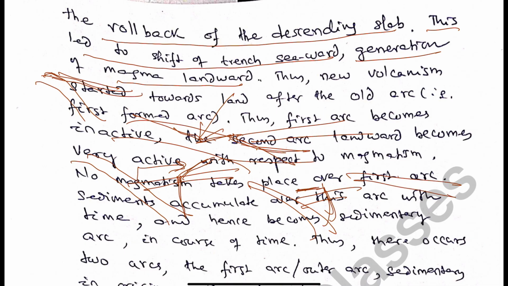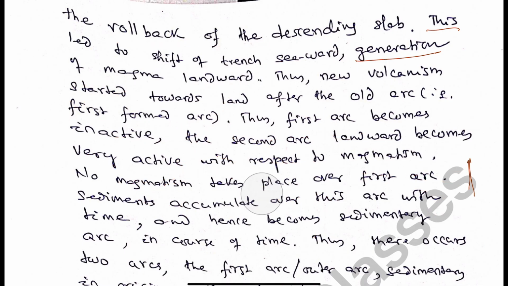The gentler the angle, the greater the distance as trench gap. So during this rollback of the descending slab, the angle may become low, as a result of which there will be a shift of the trench towards the sea, and a shift of the magmatism towards land.